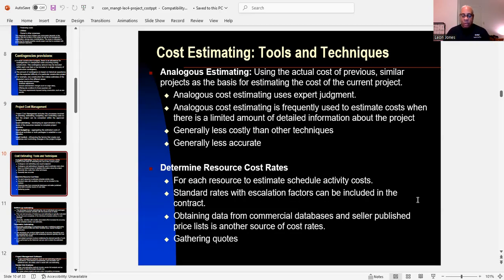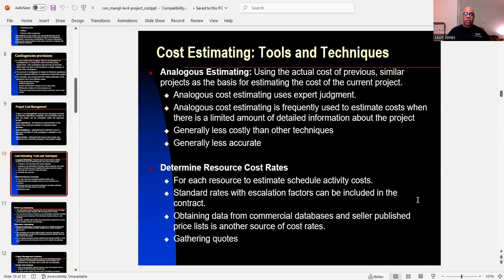Well, projects are all different. They may be similar when it comes to size and scope, but I have never, in my 30 plus years in the construction industry, run into projects that are exactly alike or even similar, because of different environmental considerations, permits, more change orders, less change orders.